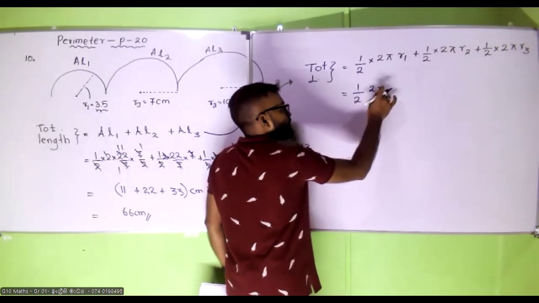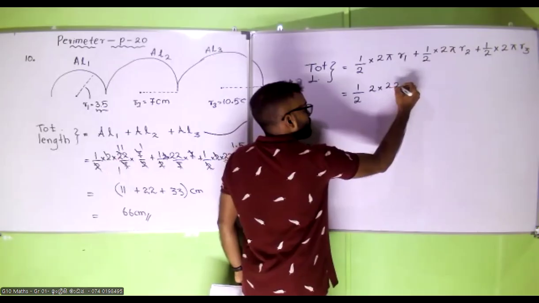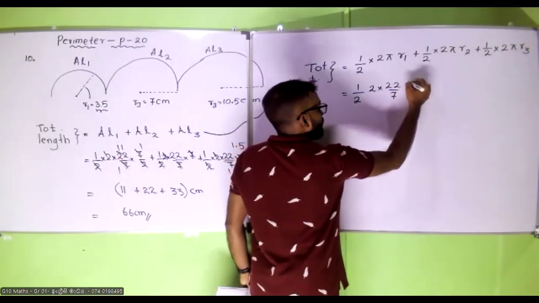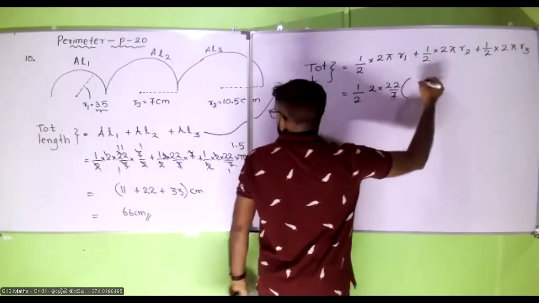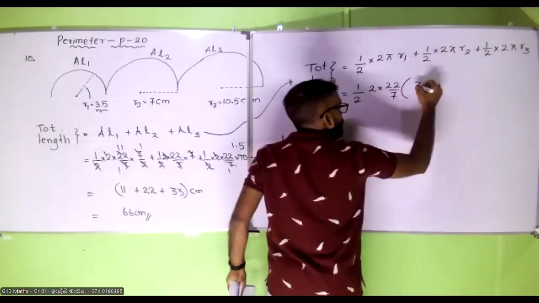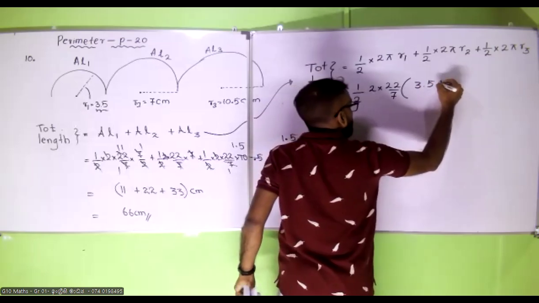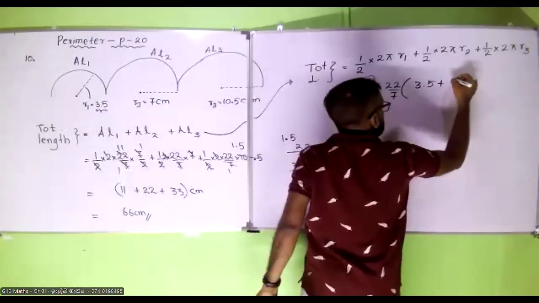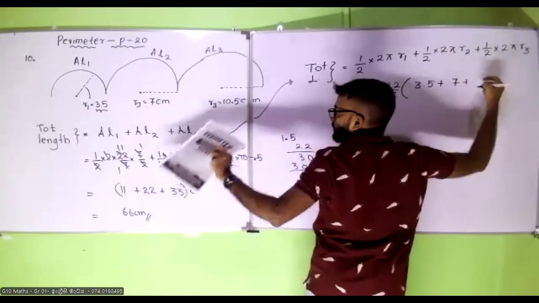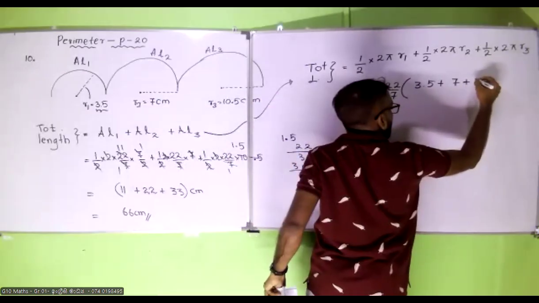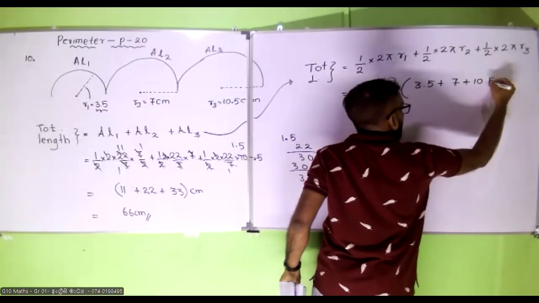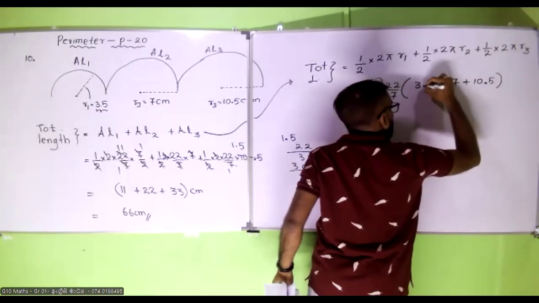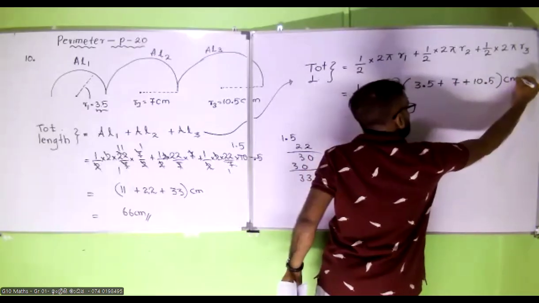If you want, you can substitute pi as 22 upon 7. Then R1 means 3.5 plus R2 is 7 plus R3 means 10.5 centimeters.